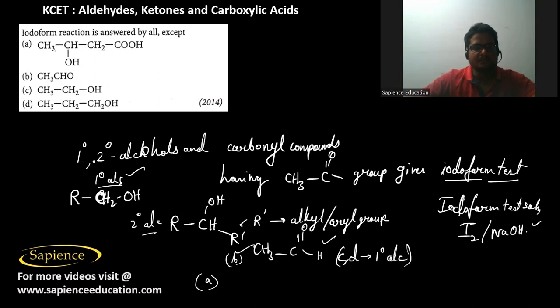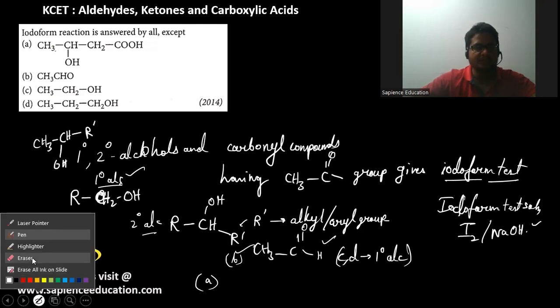Okay, so the rule is that not all 1-degree and 2-degree alcohols give the iodoform test. At the end it should either have a CH3CO group, or a CH3CHOH group, and here R can be any alkyl group. So this part is wrong actually.